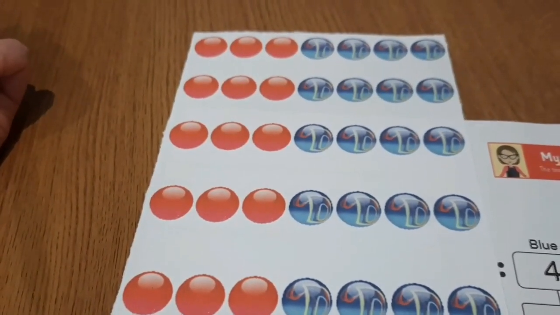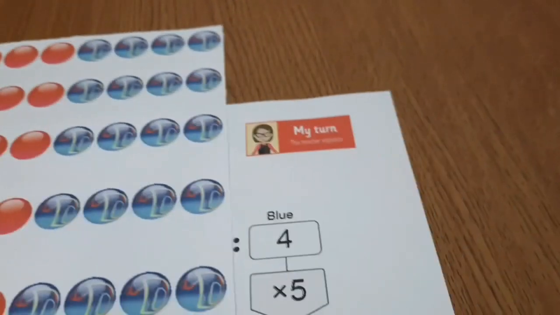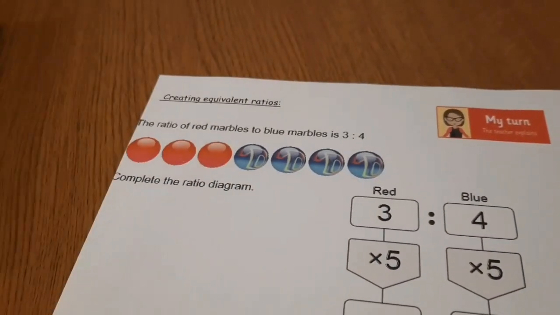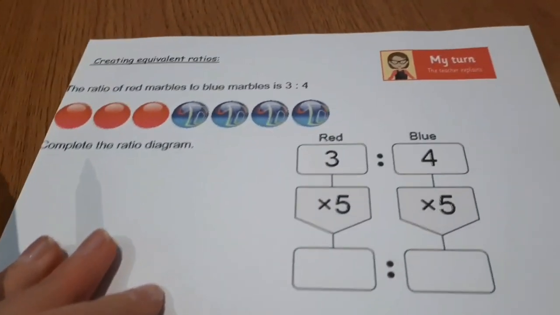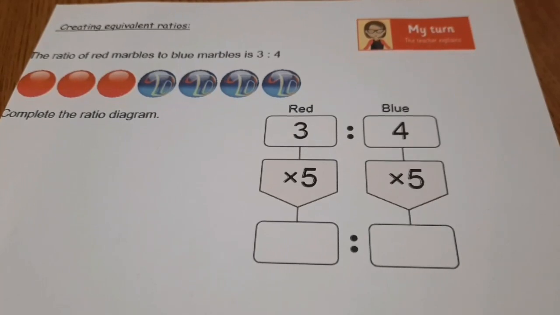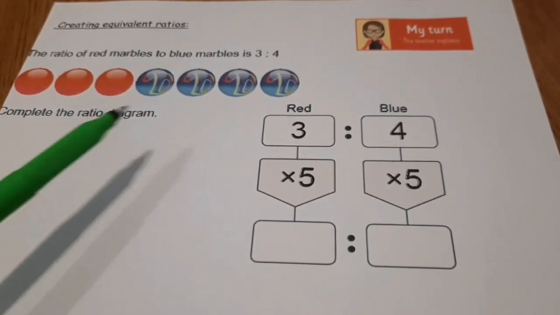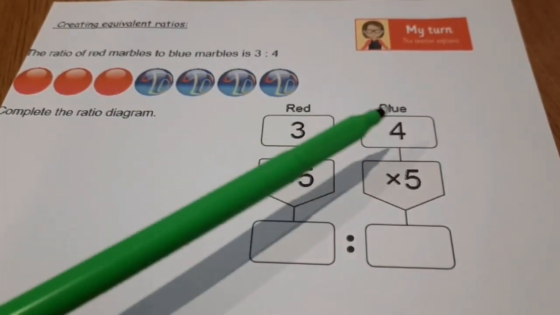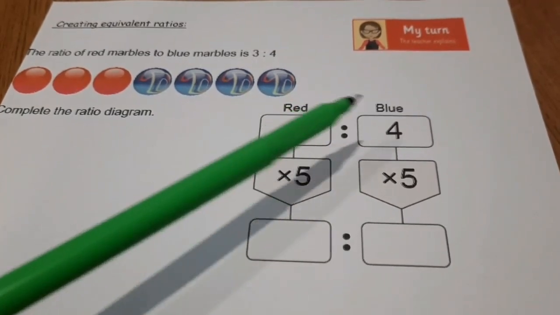Now instead of drawing out the picture of the marbles every time, because that can be very time consuming, what I've got here is a ratio diagram. I know that the ratio of red marbles to blue marbles is 3:4.